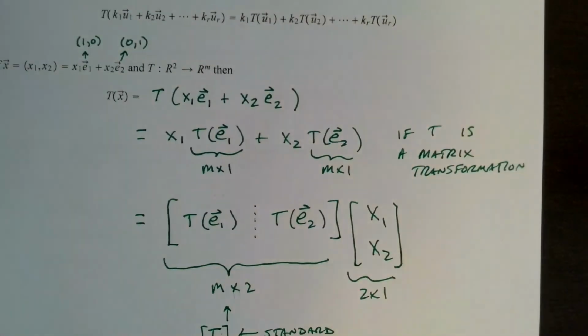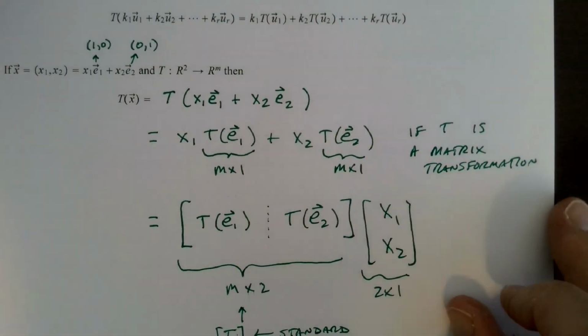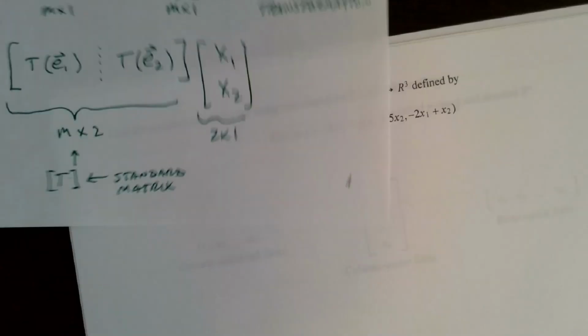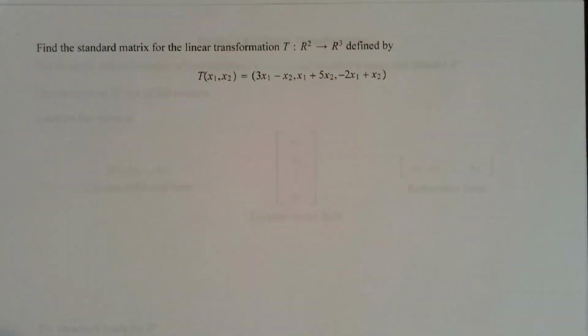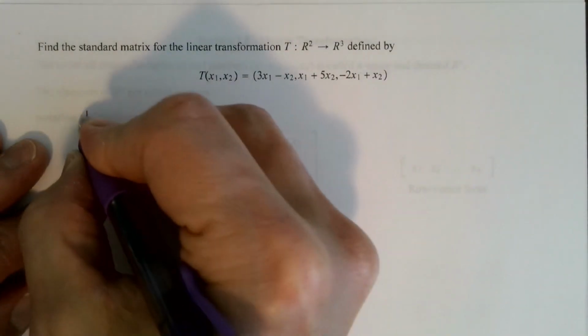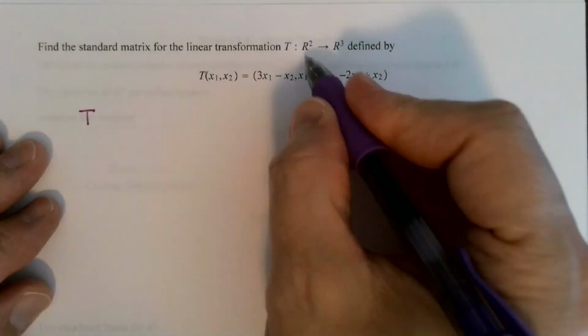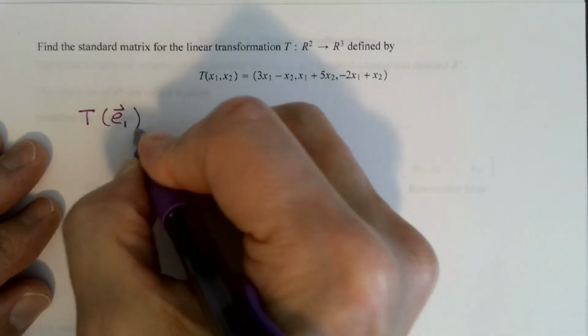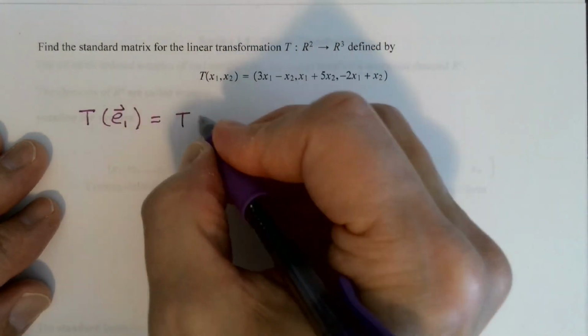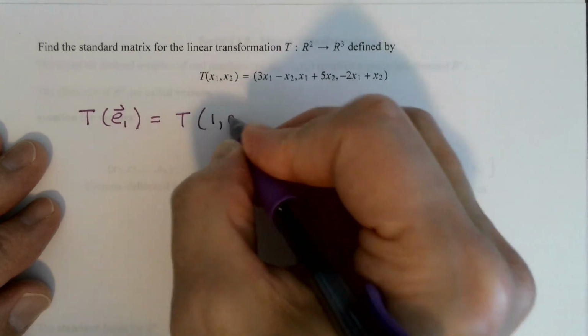Okay, so I just want to close with illustrating that particular type of situation with this example here. Let's find the standard matrix by this process. This will give us 2 ways to find the standard matrix. We've already shown one way. So here the domain is 2 space, so I'm going to look at the image of the vector E1, or i if you want to call it that, (1, 0).